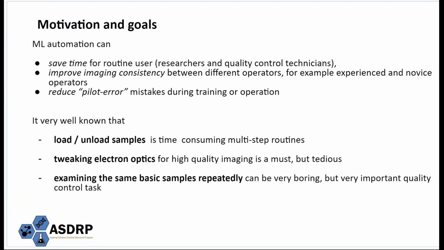And improving image consistency is also really important because we don't want different operators to produce different results, which increases the precision or, in scientific terms, the reliability of our analyses and our results.